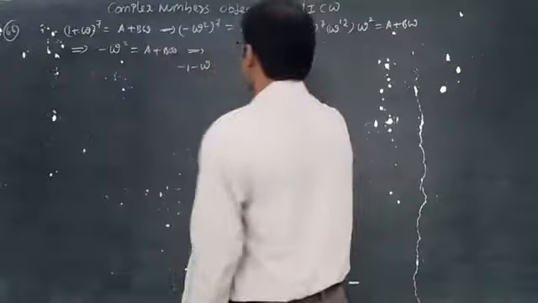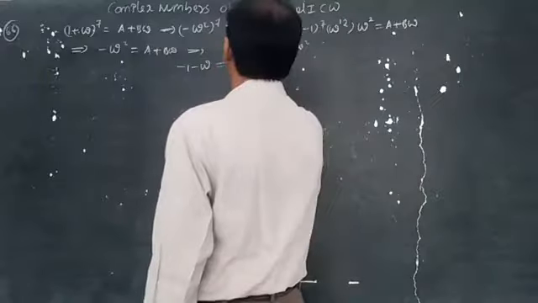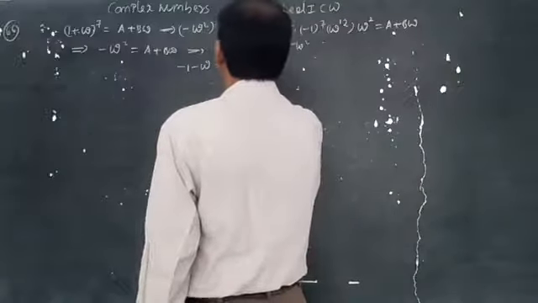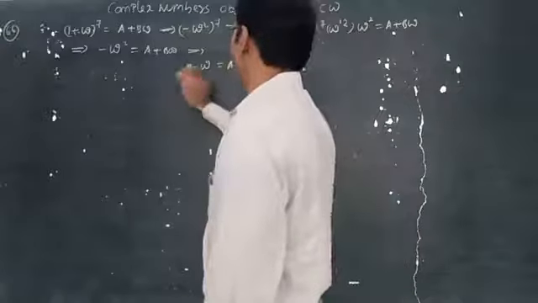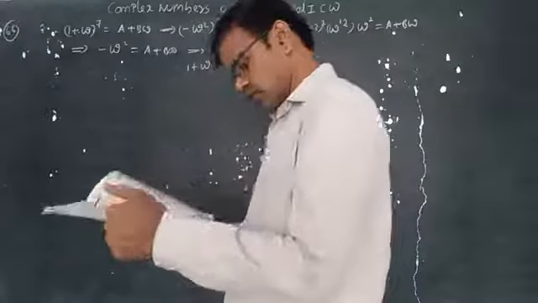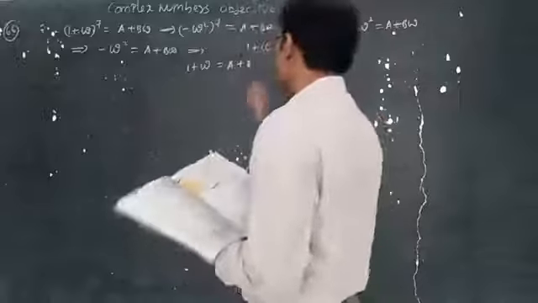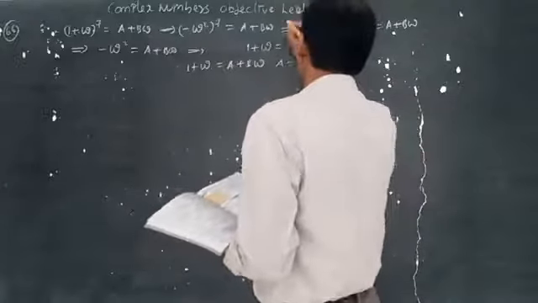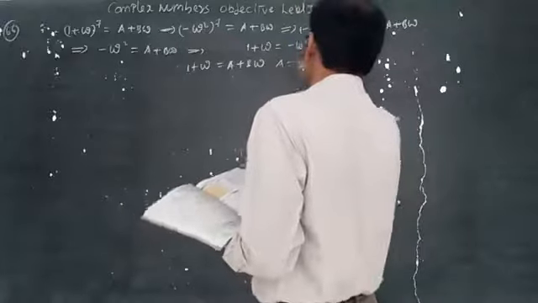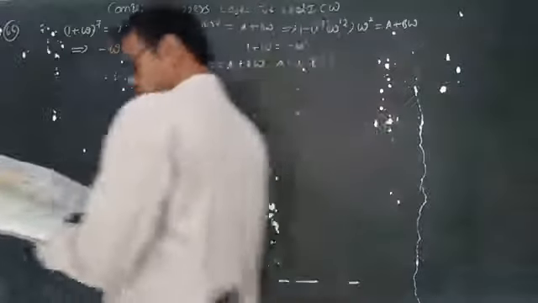Instead of minus omega square, directly 1 plus omega is equal to a plus b omega. So a is equal to 1, b is equal to 1. That's all. By comparing the values on both sides, you can write here a is equal to 1 and b is equal to 1.